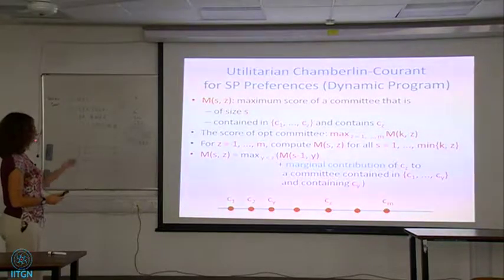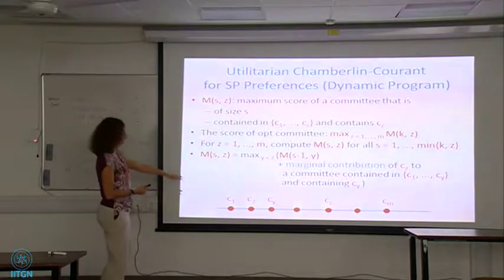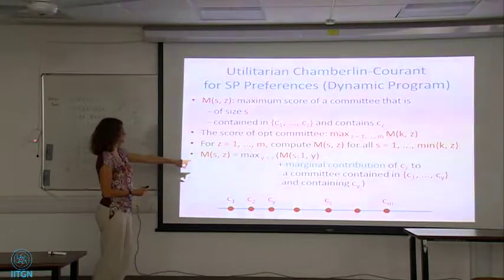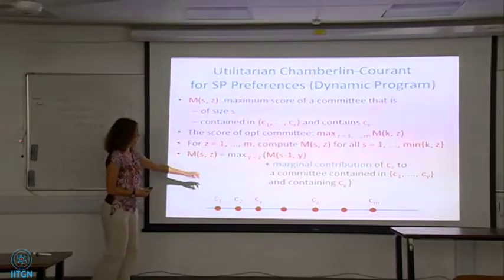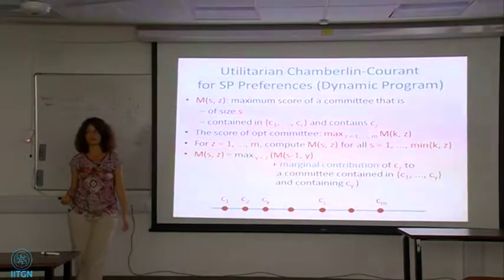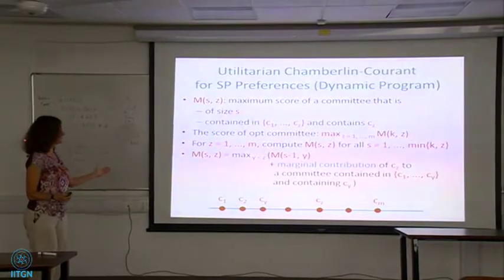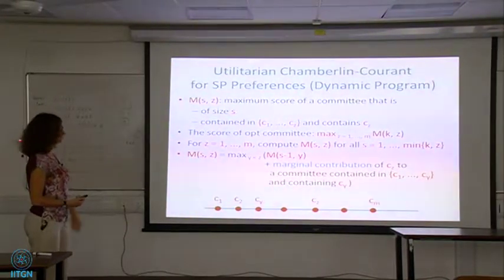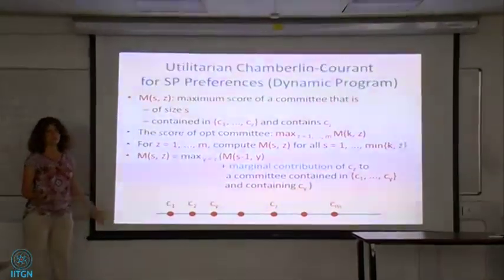So I pick the best Y, and for every fixed Y, what I'm computing is the best committee sitting in the prefix up to CY and containing Y, and the marginal contribution of CZ to any such committee. So that's exactly what I need to look at. I believe I argued correctness, and you can see that it's efficiently computable from the way it develops.